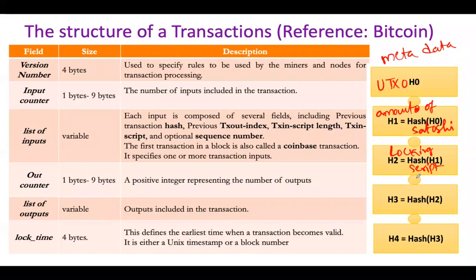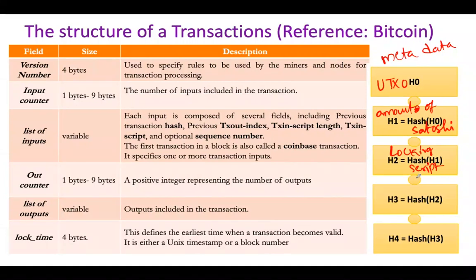This locking script contains the conditions that need to be met in order for the output to be spent. We will discuss more information on transaction spending using locking and unlocking scripts and producing outputs.